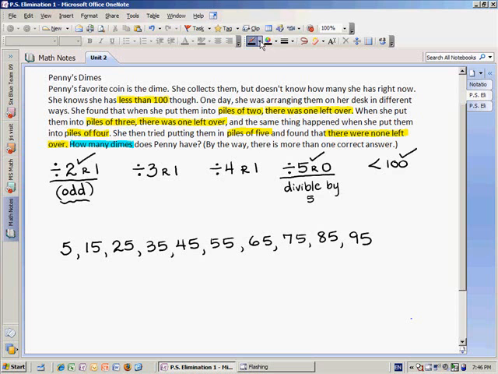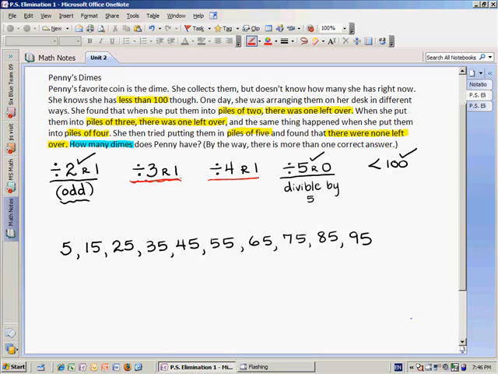Now we need to look at a different clue to use. We do know that the divisibility rule of 3 is fairly easy because you need to add the digits together, and if the sum is divisible by 3, then the number is divisible by 3. Divisibility by 4 is a little bit harder. So let's start with the divisibility rule of 3.